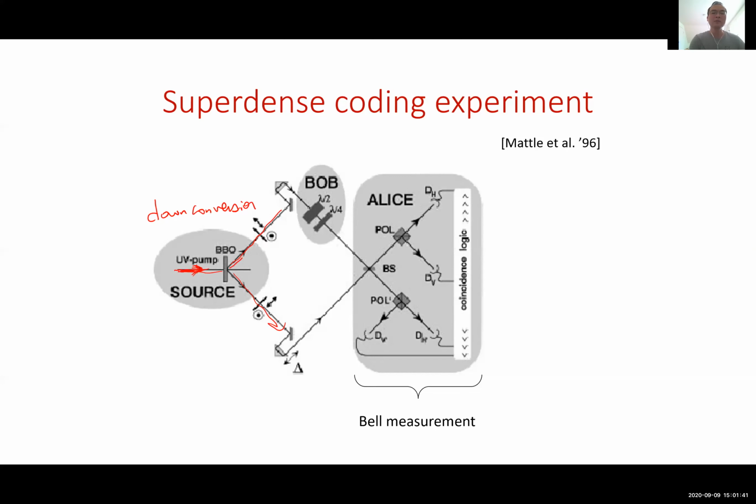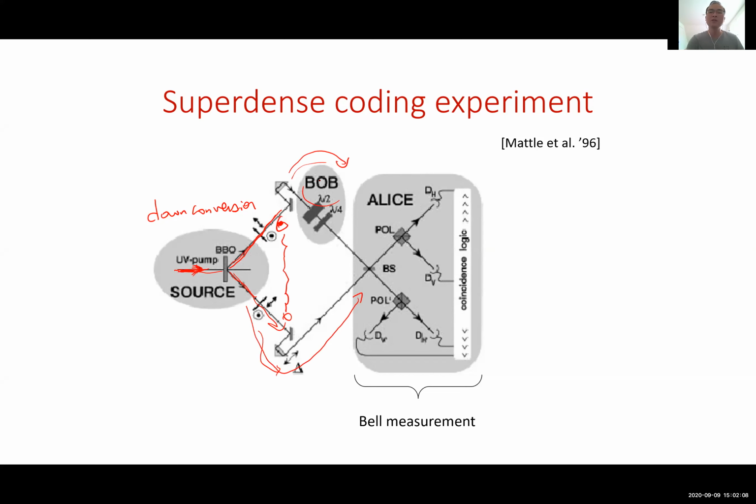It probabilistically prepares an entangled photon pair. So let me just denote this entangled photon pair. One of the particles is sent to Bob and one to Alice.